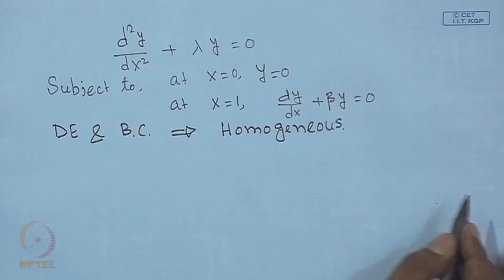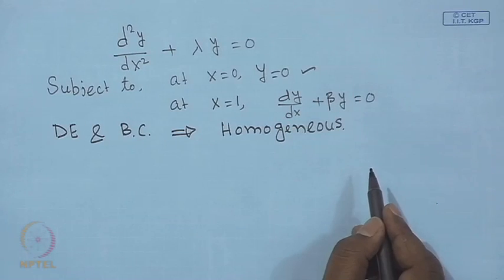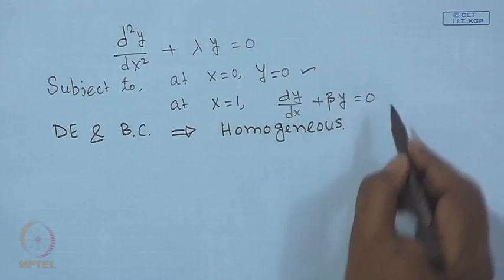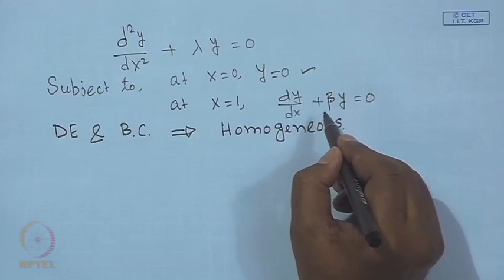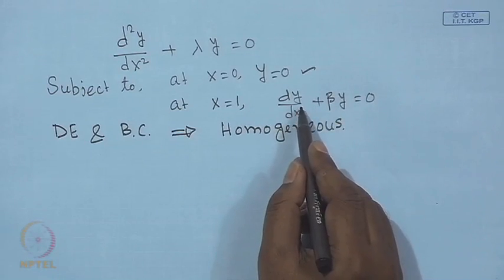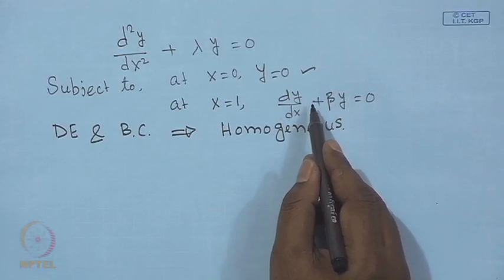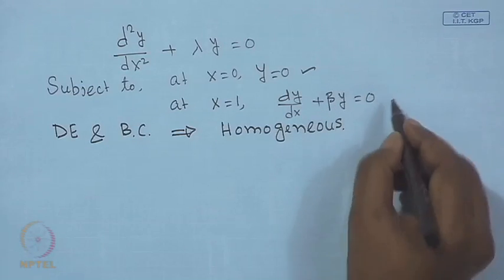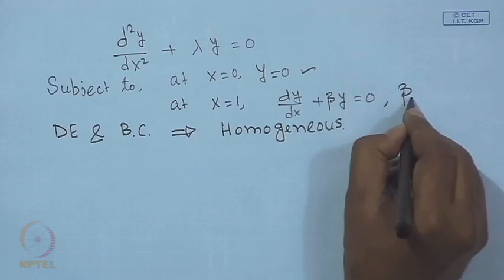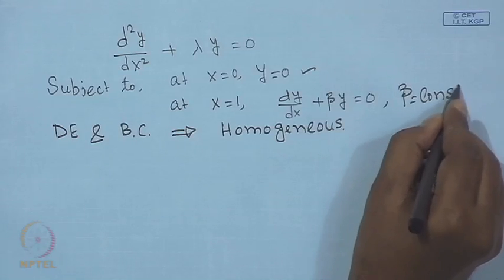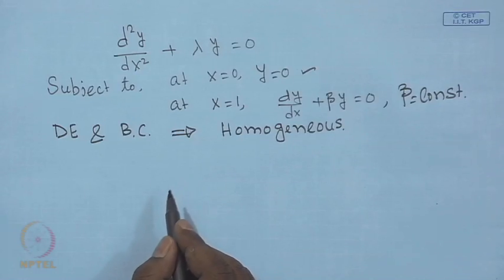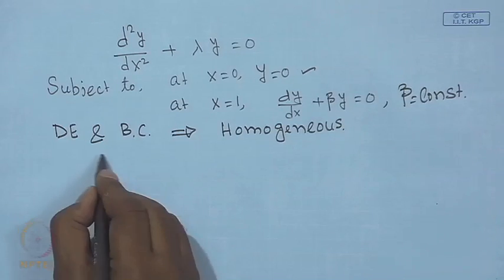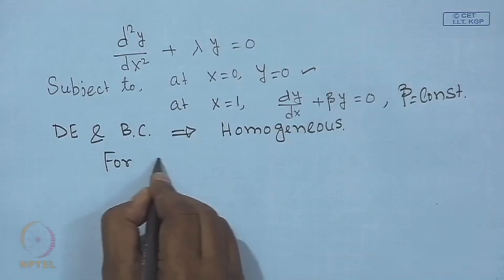What we simply did, we kept this Dirichlet boundary condition as it is, and changed the other boundary condition, that is at x equal to 1, to a Robin mixed boundary condition where beta is a constant. So, we look again at real values of lambda.